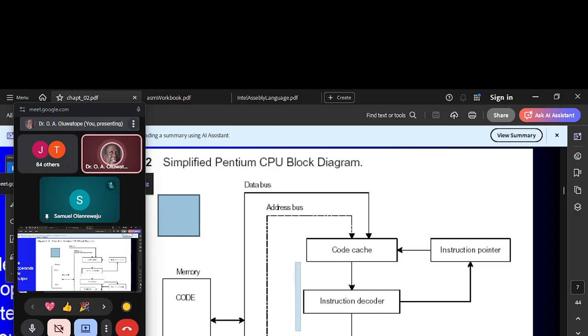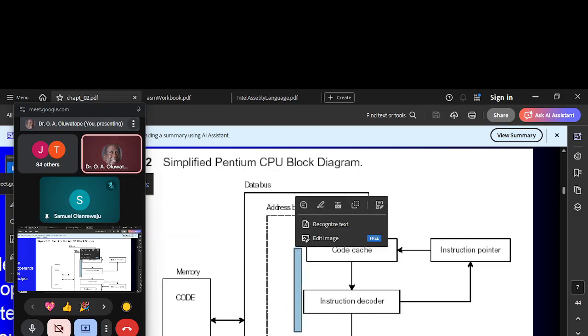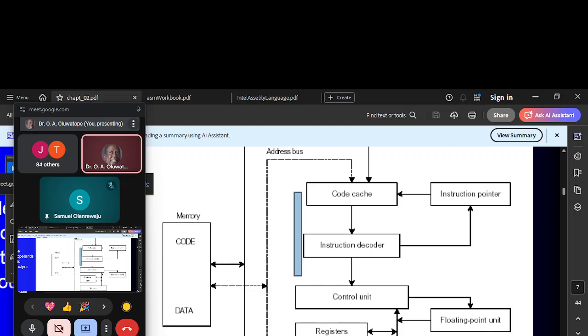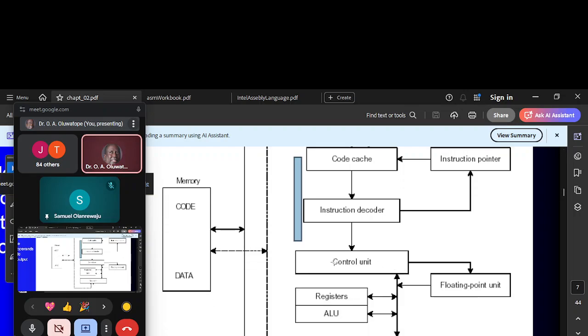So afterwards, the control unit takes over and tries to interpret the command. In the case of the example I gave, add, and then it selects the arithmetic logic unit. From the arithmetic logic unit, it selects the appropriate digital circuit to perform addition.